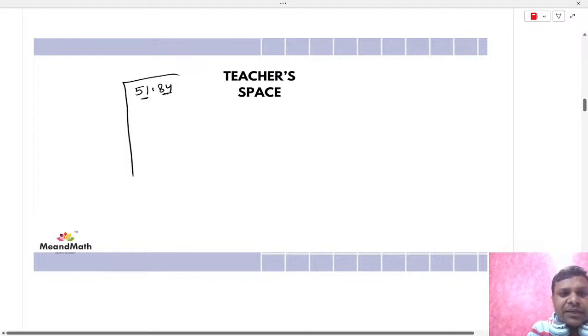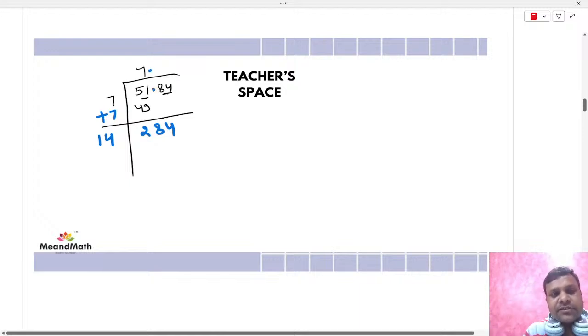Again, make the pair. 7 7 is 49. If we subtract, then the answer is 2. Copy 84 here, plus 7, this is 14. Now the point is here. Now put 2 at both sides.